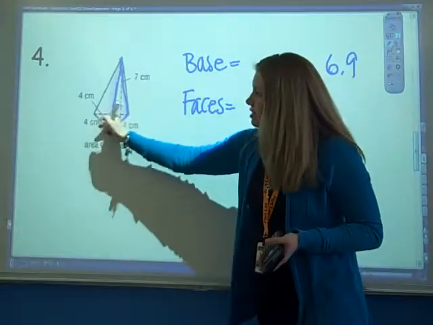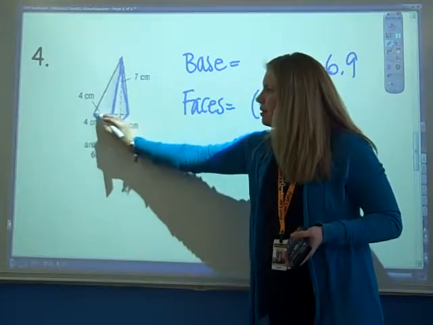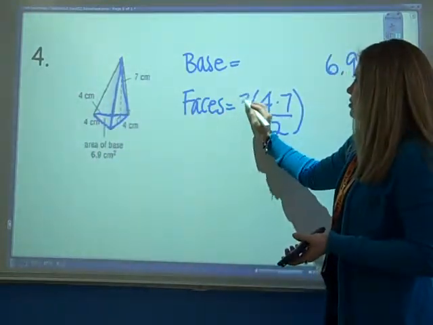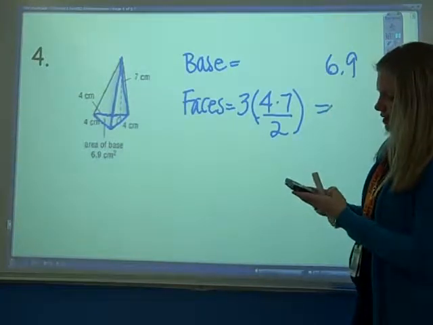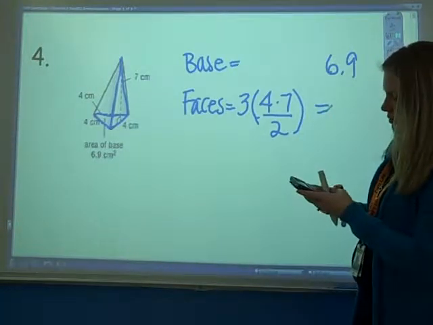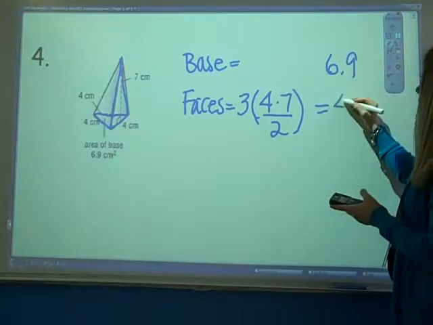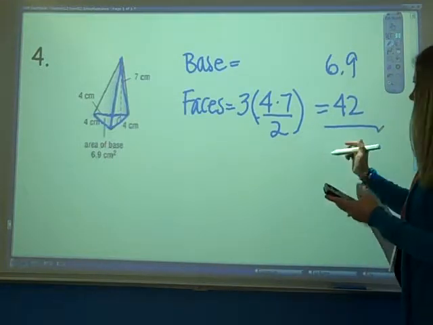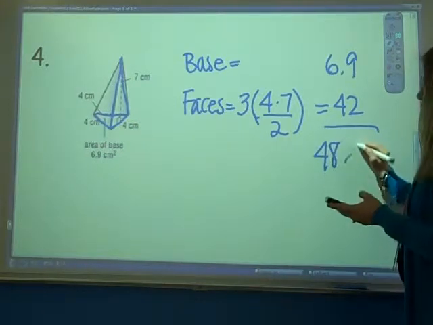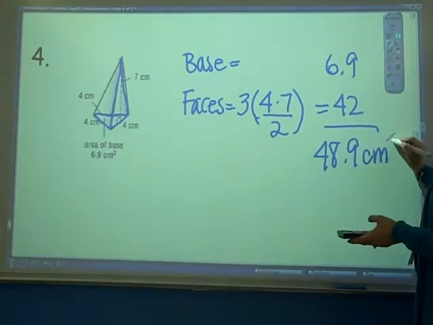And all of these are the same. They all have this measurement of 4. So times 3. 4 times 7 divided by 2 times 3 is 42. Add all that up, 42 plus 6.9, you get 48.9 centimeters squared.